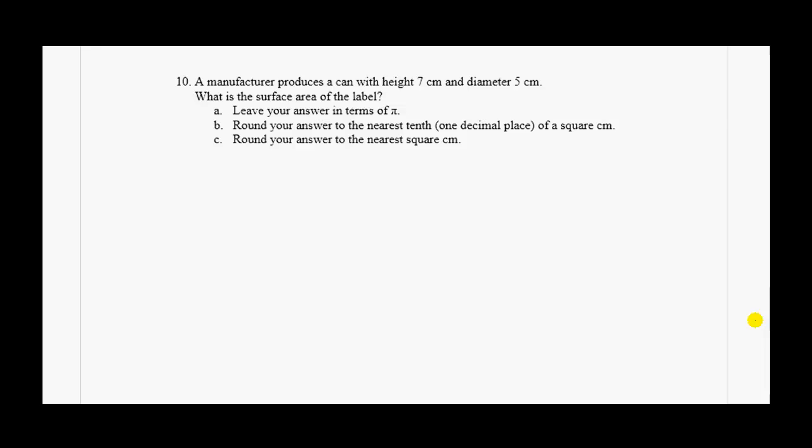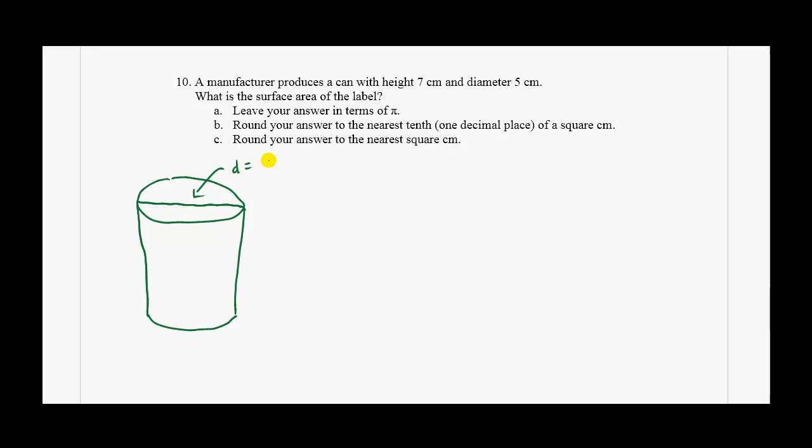A manufacturer produces a can with the height of 7 centimeters and the diameter of 5 centimeters. What is the surface area of the label? Whenever we're given a word problem without a diagram, it's important that we sketch one ourselves. We're given the diameter is 5 centimeters.